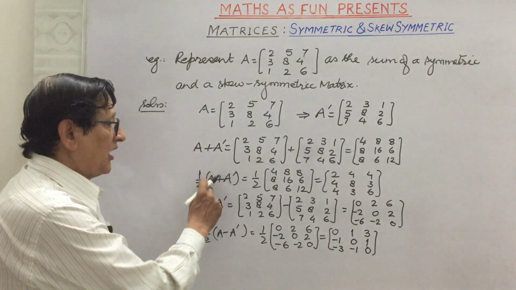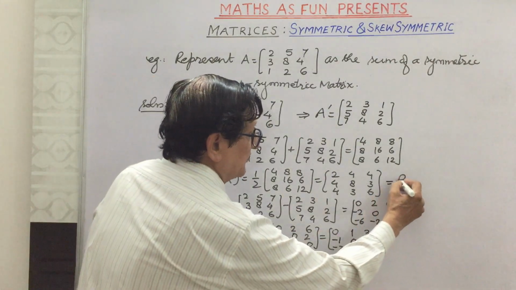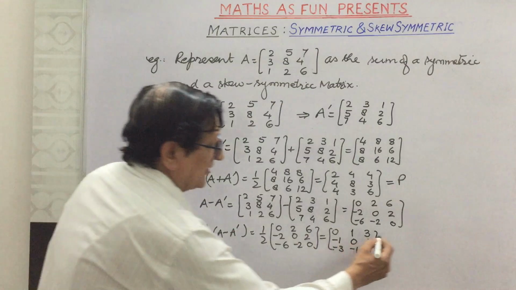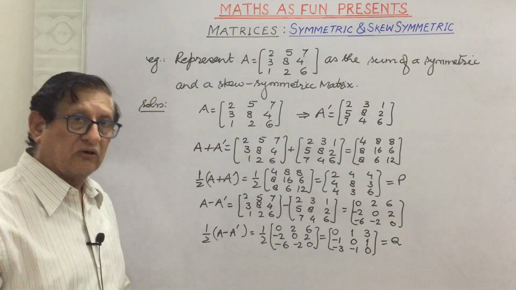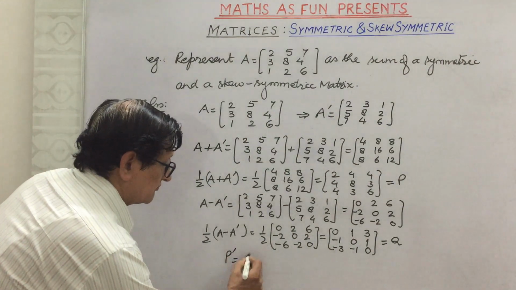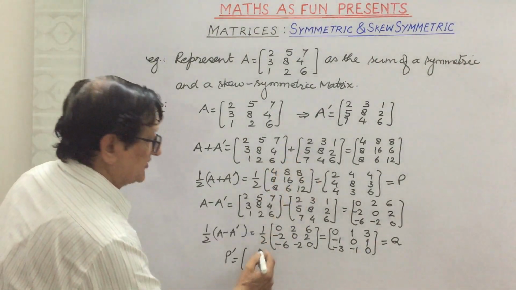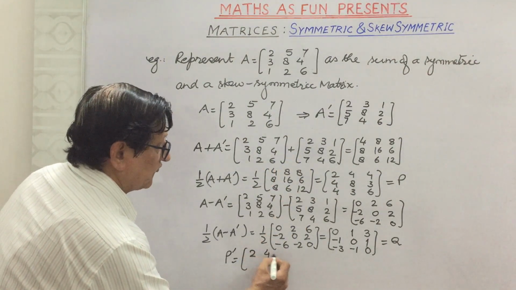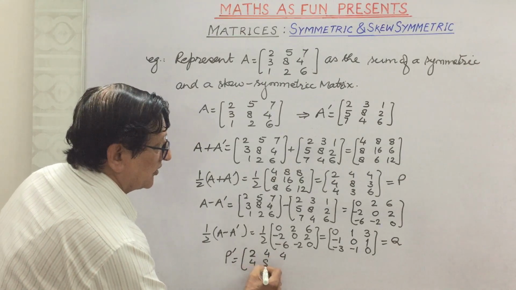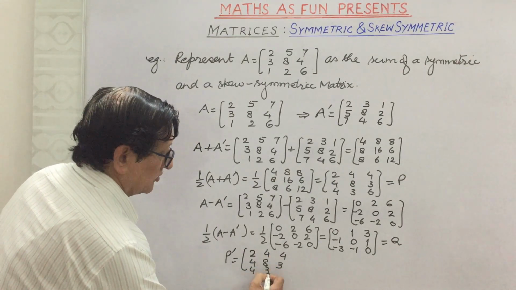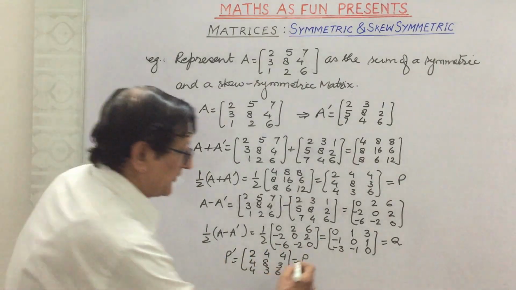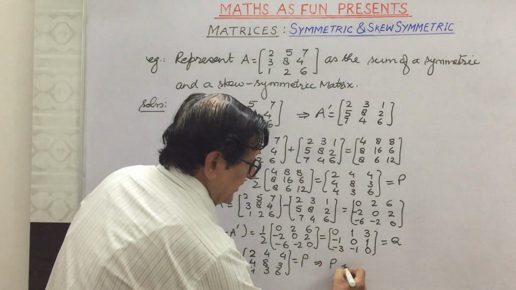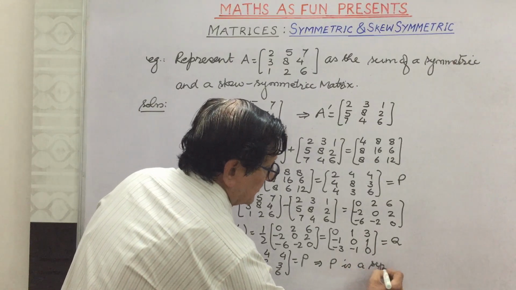Now we consider that half of A plus A dash is P and half of A minus A dash is Q. Now we will find out P dash, and we find here P dash is 2, 4, 4, 4, 8, 3, 4, 3, 6 which is equal to P, which implies that P is a symmetric matrix.